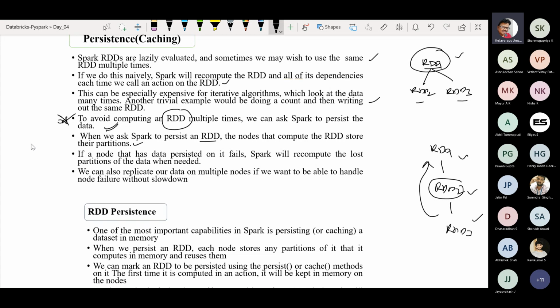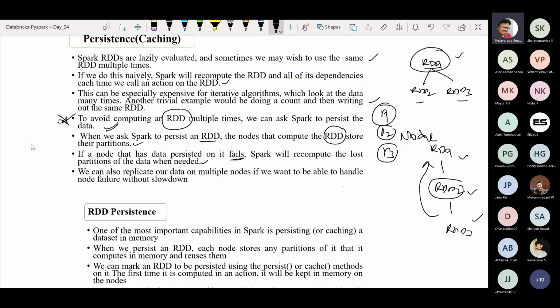See the important point: node partitions. Partitions we have studied exclusively, guys, data partitioning, in the earlier session. All the topics have some connectivity, so that if you complete this architectural understanding, you can complete the circle of learning. And if a node that has persisted data fails, Spark will recompute the lost partitions of the data whenever there is a need.